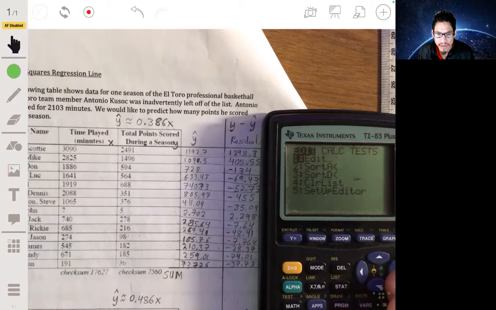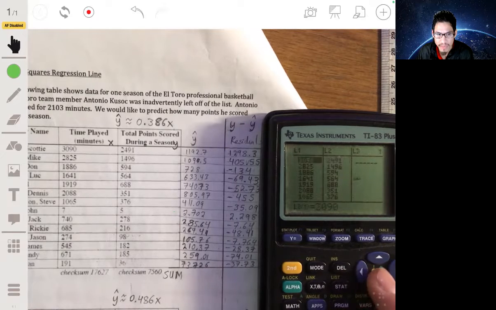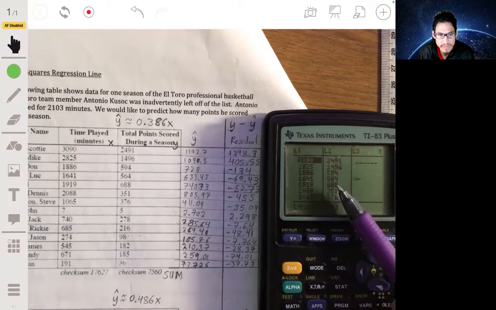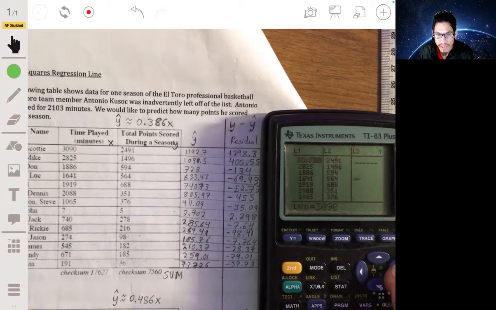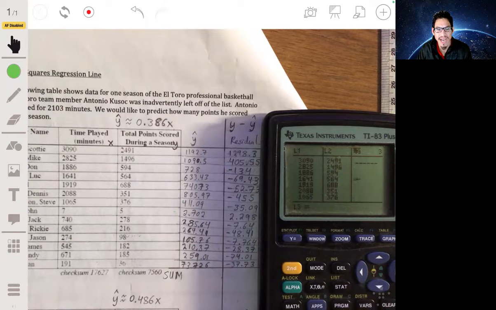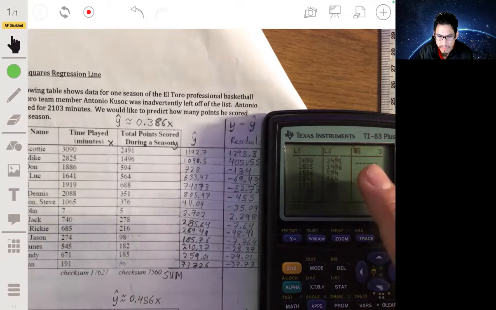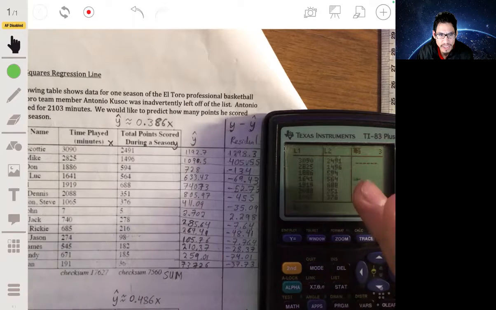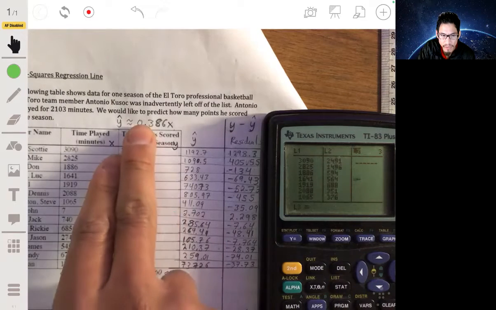All right, so using my calculator, remember I could go into my lists, edit, and in list 1 I put the minutes played, and in list 2 I put the points scored. And what I can do is in list 3, if I highlight the actual list 3, I can calculate the predicted y values in here by simply writing the equation for my y hat.